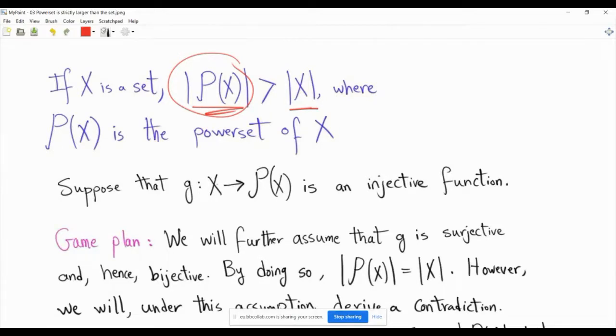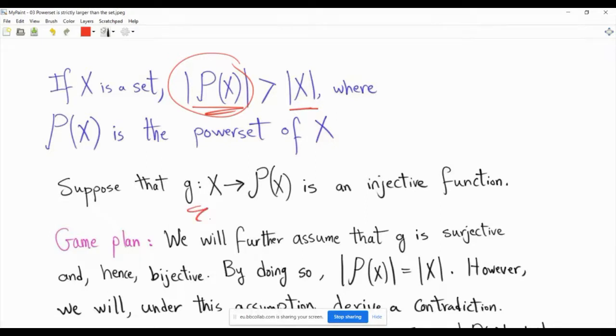It is a nice idea, and I'm sure that you already used it in your previous lives. In a proof by contradiction, we challenge what we are trying to prove, and we assume that actually there is a bijective function between a set and its power set. So let's go through the details.